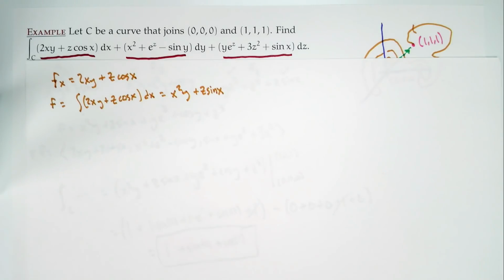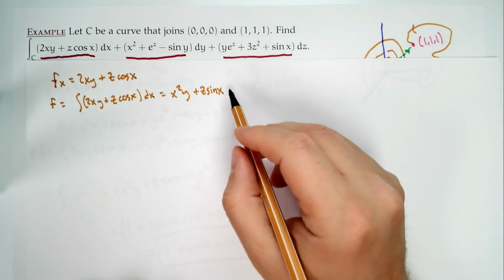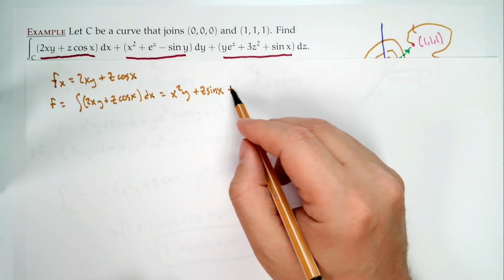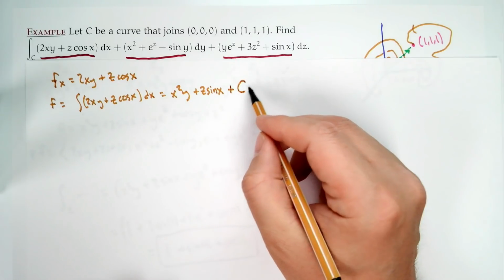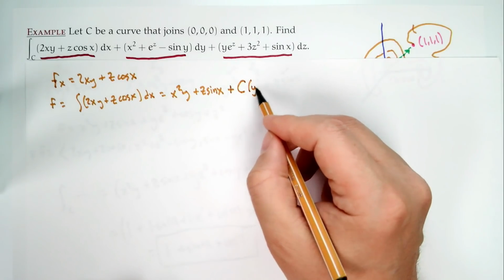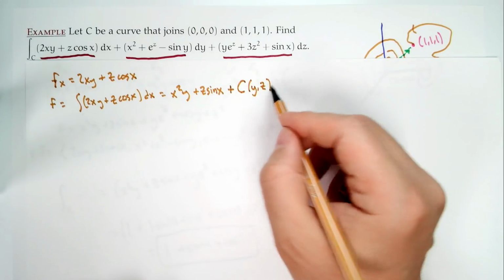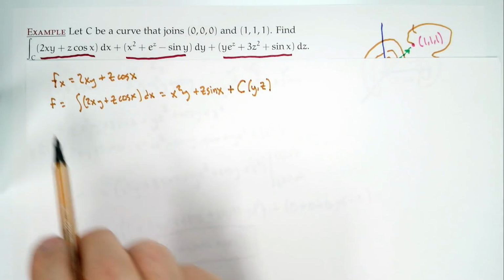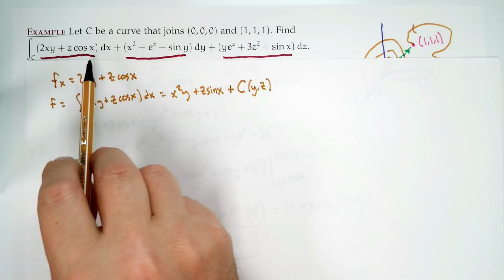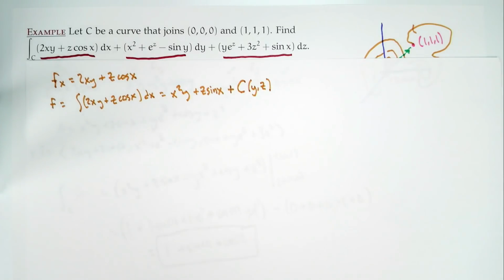So it could be a combination of y and z. So what you have is now you have as your constant not a number, not a constant function of one variable, but a constant function of two. So just from the first slot, I can recover what the function looks like, up to a piece I don't know. And then we say that's no problem.